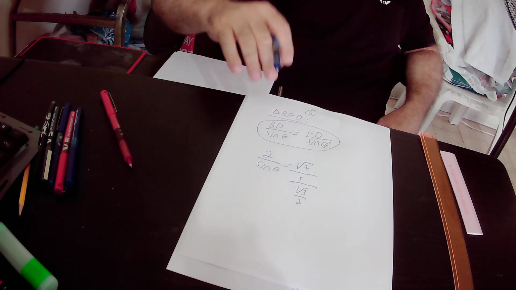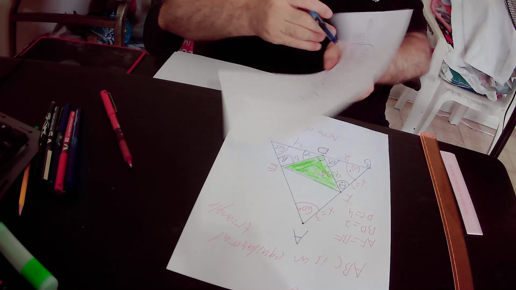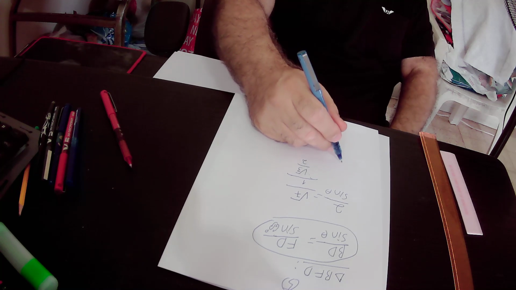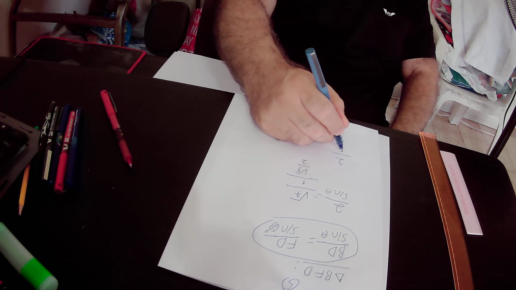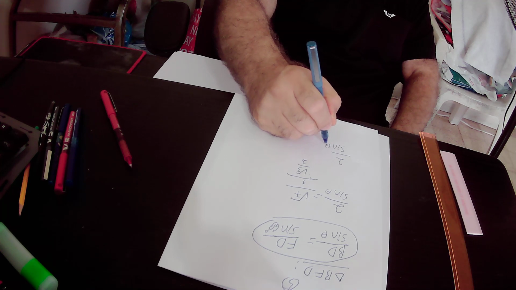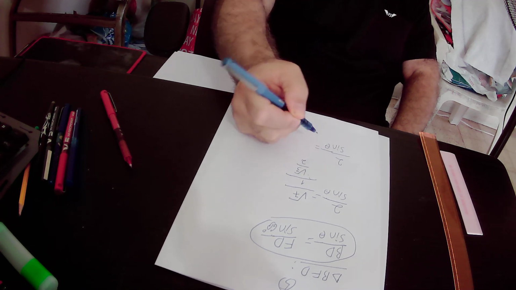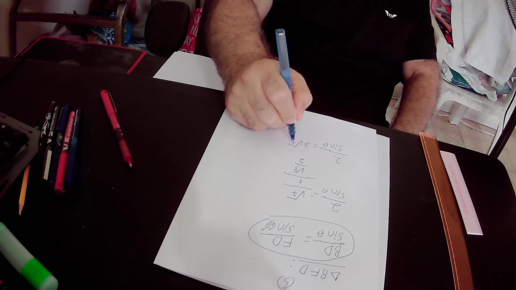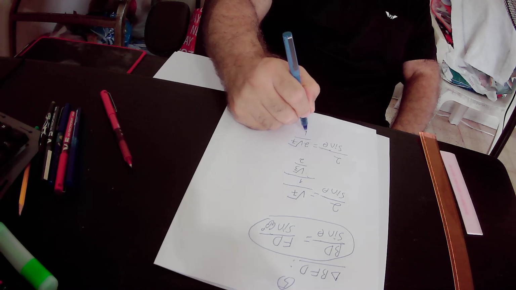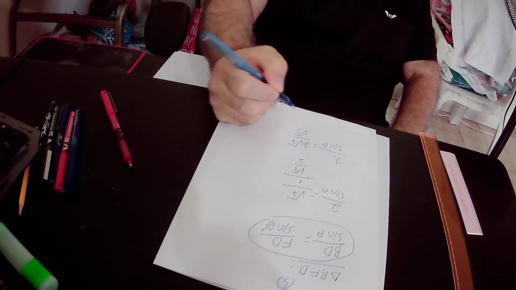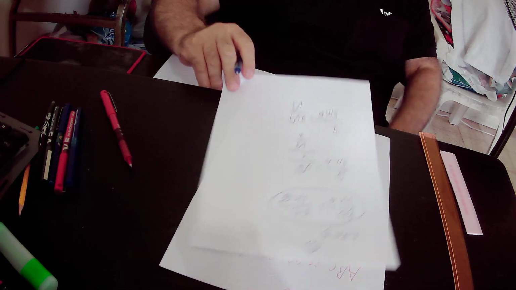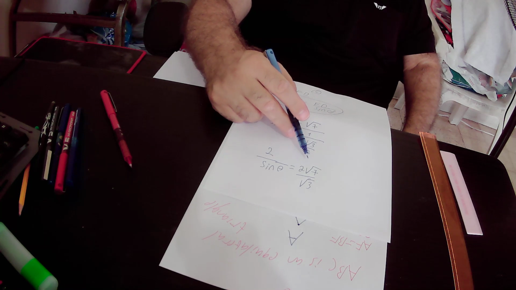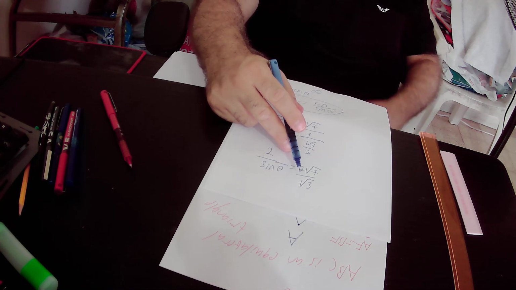Okay, very simple arithmetic. We will get that 2 over sine theta equals 2 over root 7 over root 3. 2 over sine theta equals 2 times root 7 over root 3.